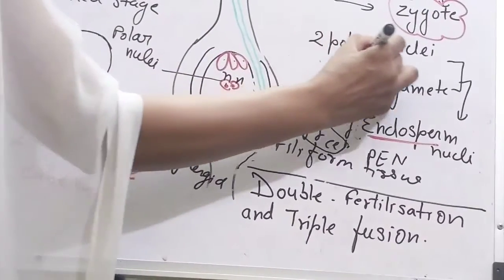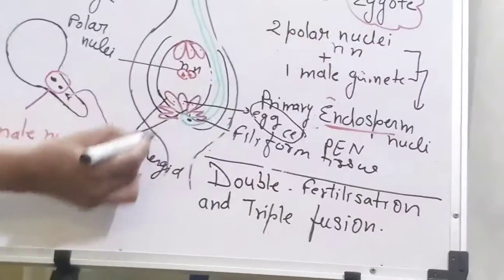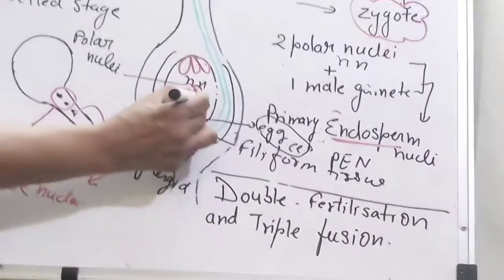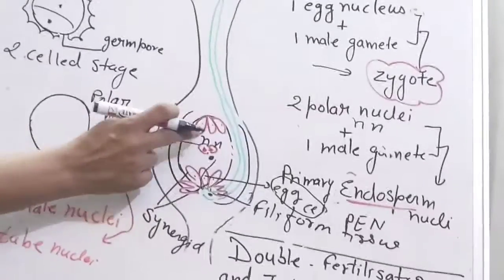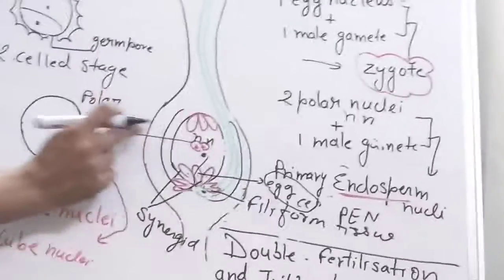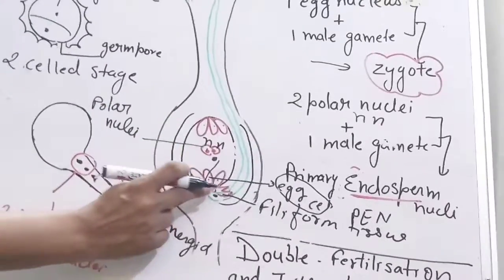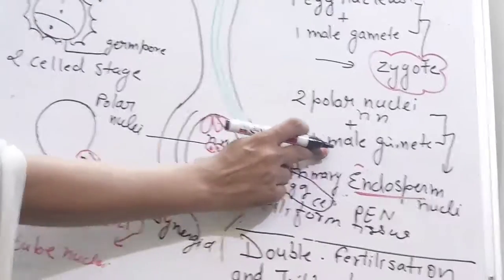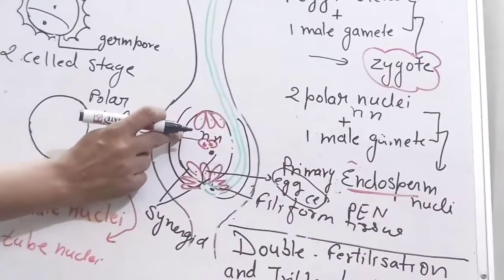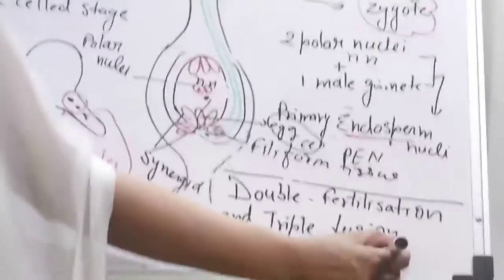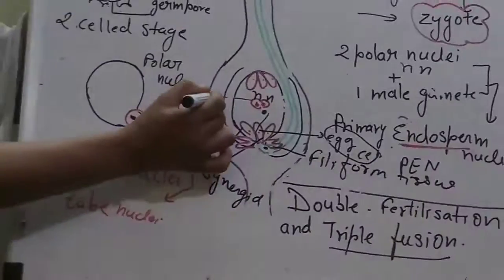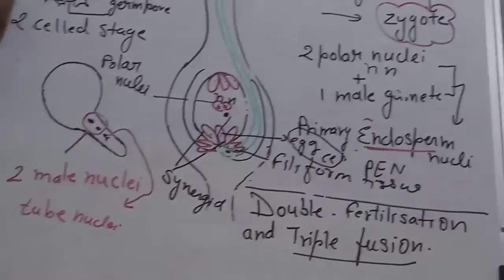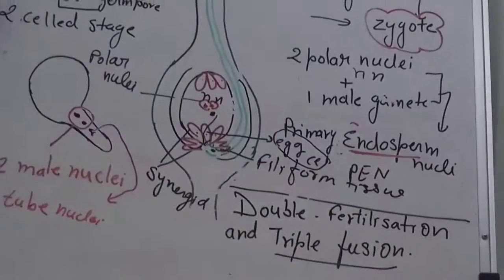Now, these two polar nuclei fuse with another male gamete and they produce the endosperm.